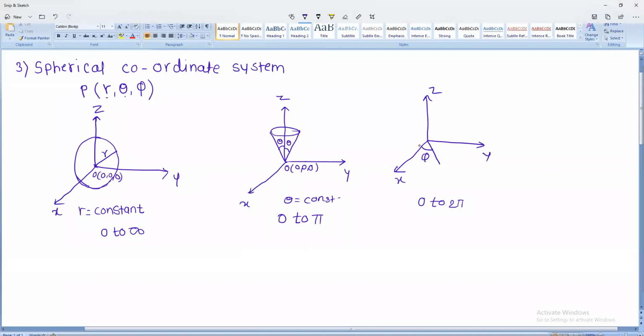From the x-axis. It starts from the x-axis and again ends at the x-axis only. And this angle is the same along the z-axis.